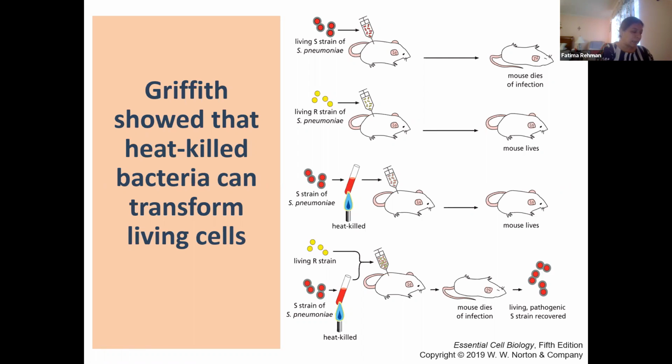That meant that whatever was in that mixture was strong enough to avoid getting destroyed by heat, and two, that it could somehow get transferred into those living R strains and cause mice to get infected and die. Now that's very important, right?